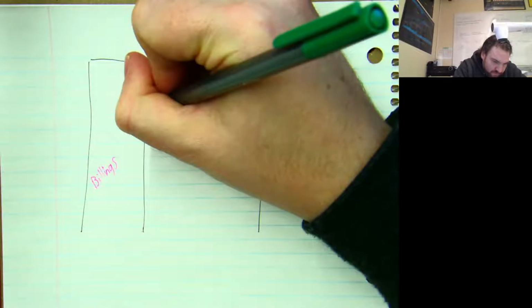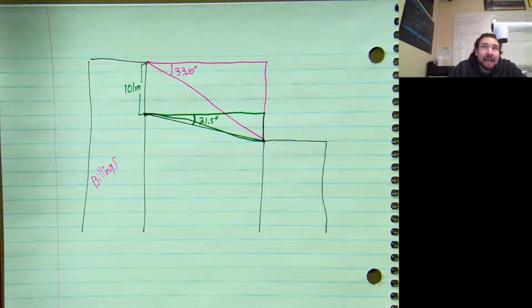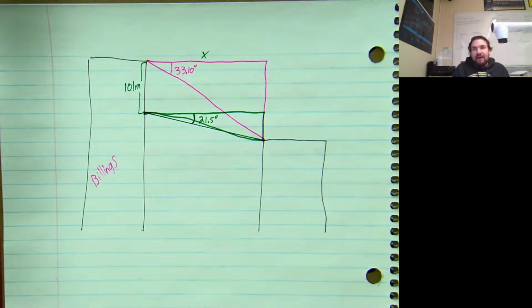From there to there. And what I want to find is that distance there. How far apart are these buildings? So, did anyone get 392?